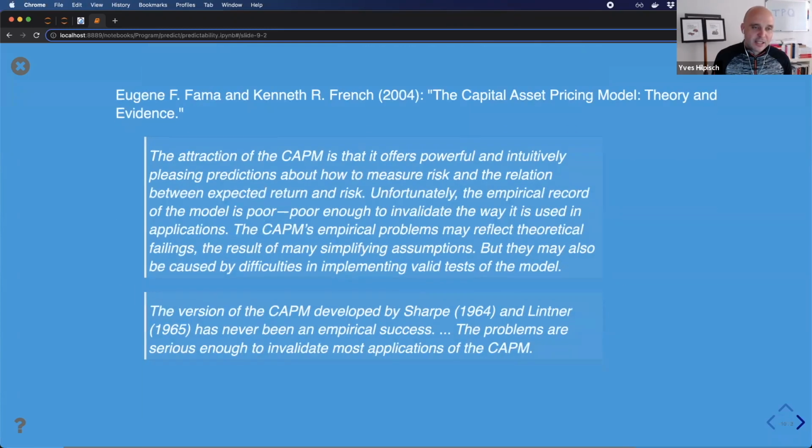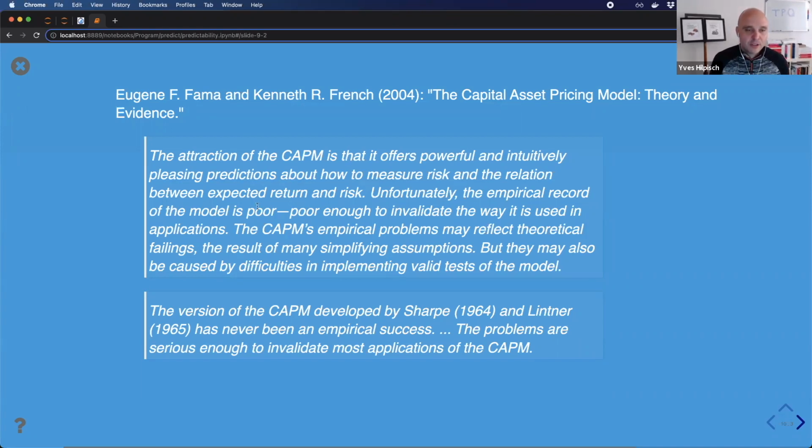So here's one example, and it's a paper by Fama and French, 2004, about the capital asset pricing model. The attraction of the CAPM, and this is one of the most widely used models, maybe not in finance, but in many other areas like accounting and M&A for capital cost calculations, etc., is that it offers powerful and intuitively pleasing predictions about how to measure risk and the relation between expected return and risk.